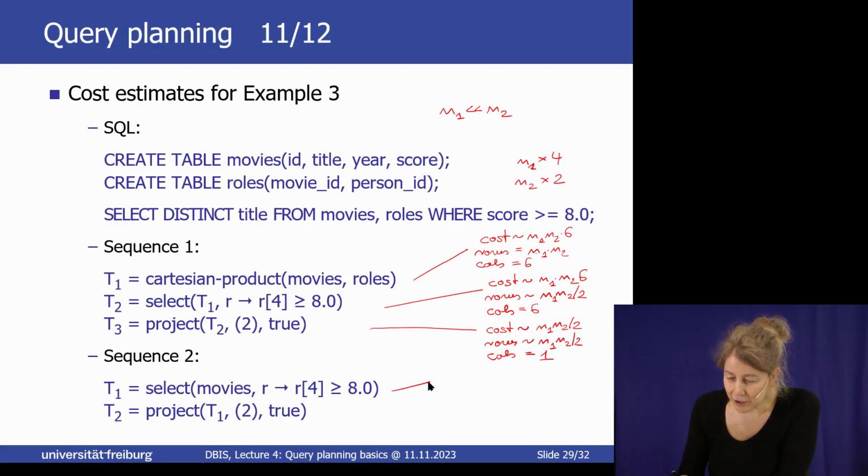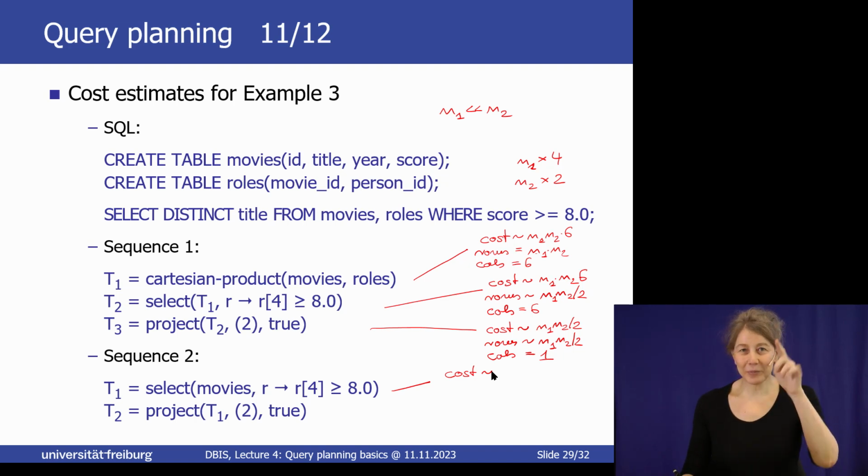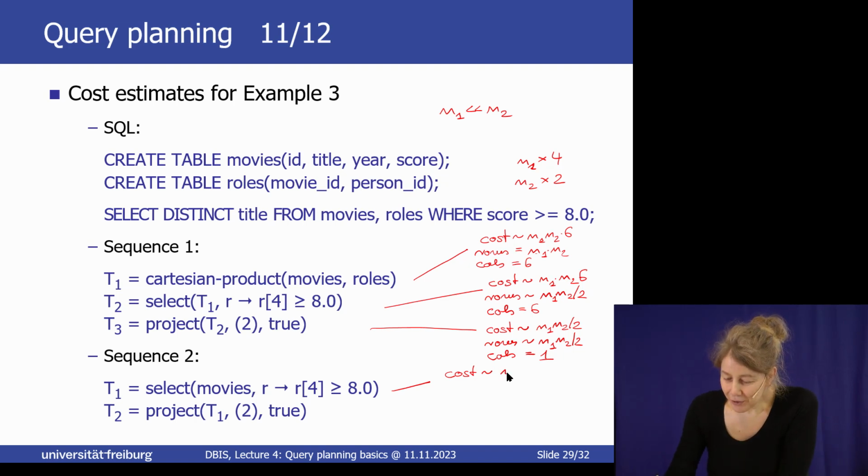And then I will cost. What's the cost? One more time, yes? And 1 times 4, that's correct. Rows, I'm assuming that I'm selecting half. Columns is 4.